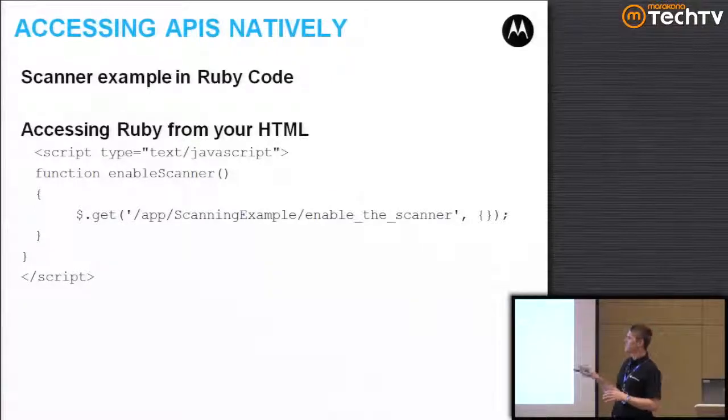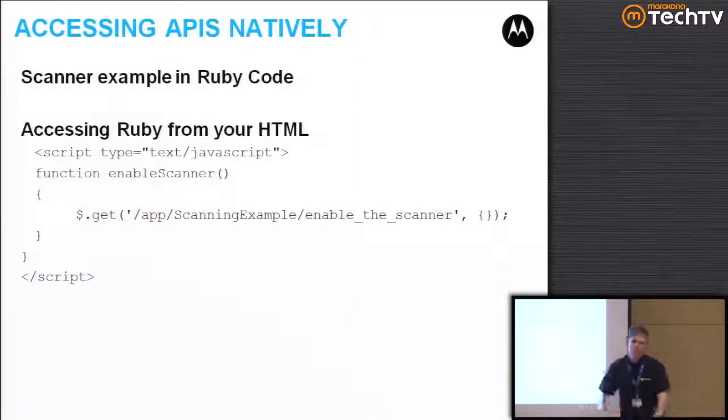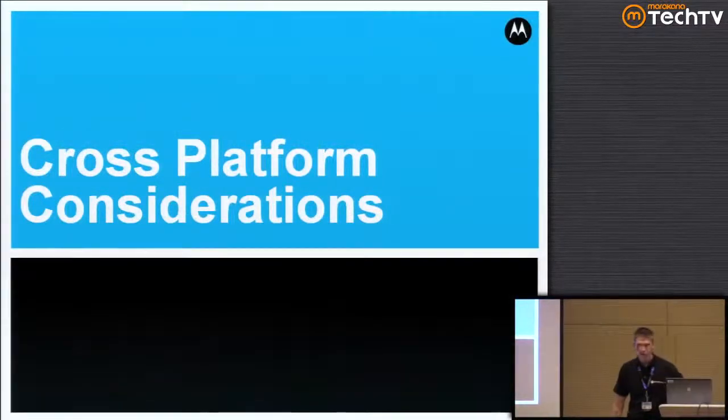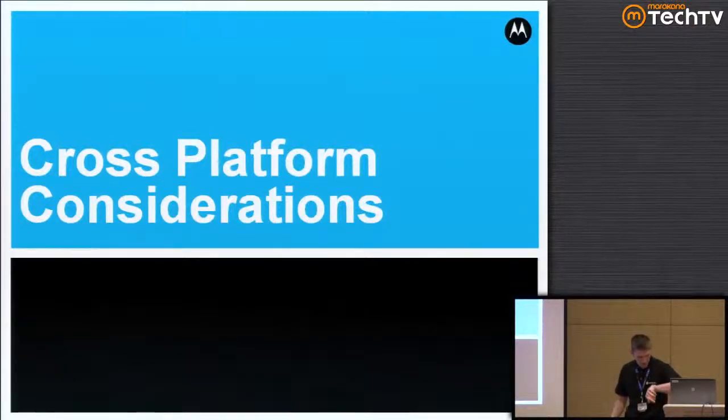This isn't a regular use case to be calling between the two. If you've done a native application, then you're going to be writing your business logic in the controller. You're not going to be writing business logic in the view. This is an exception rather than a rule. Okay, so that finishes that portion of the presentation.